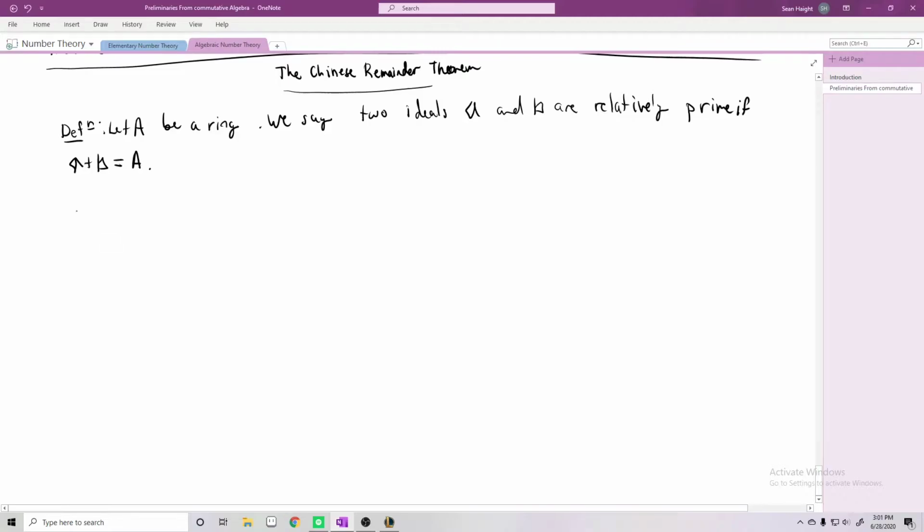So now, just with this definition, we can state this theorem. We're going to let A be a ring with pairwise coprime ideals, say A1 through An.